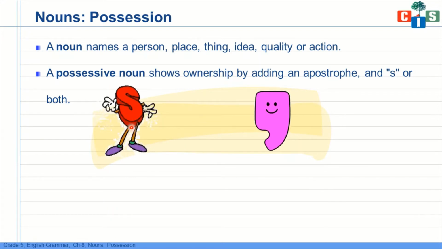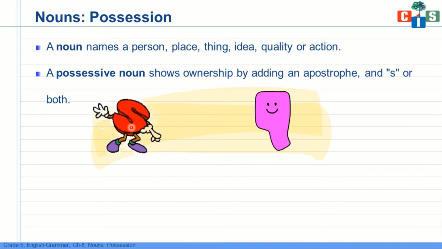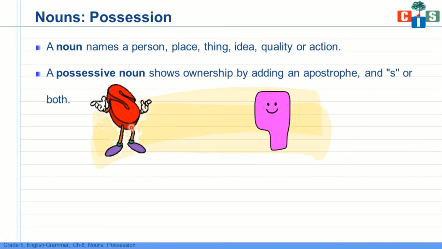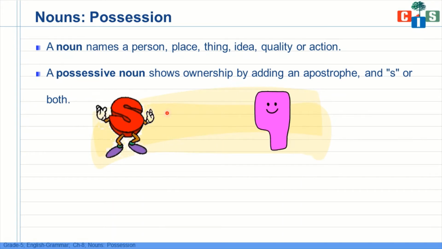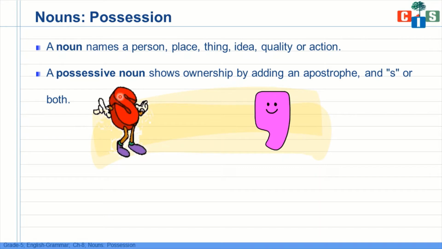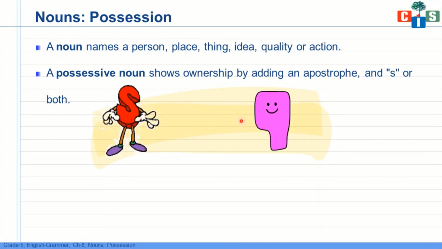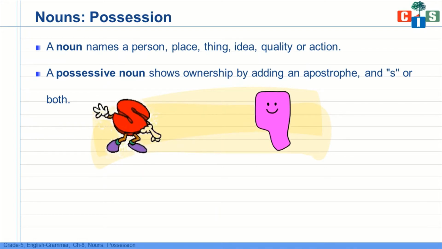So what you have to remember, scholars, is that you can make any noun a possessive noun by adding an apostrophe, or by adding s, or by adding both. We will see in the next slide where to add s, where to add an apostrophe, and where to add both.